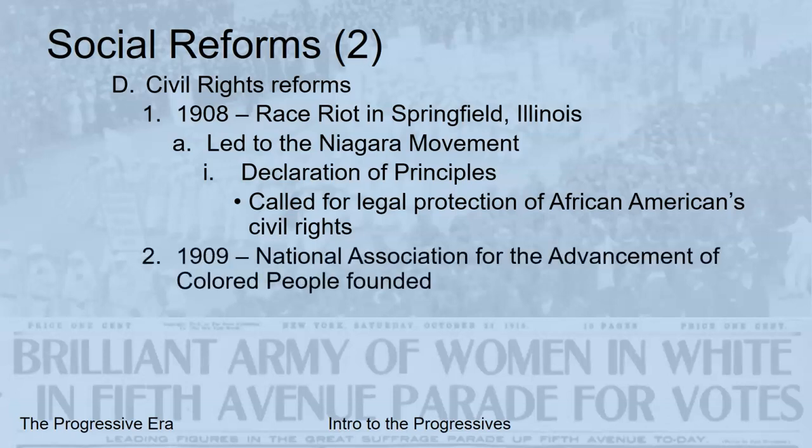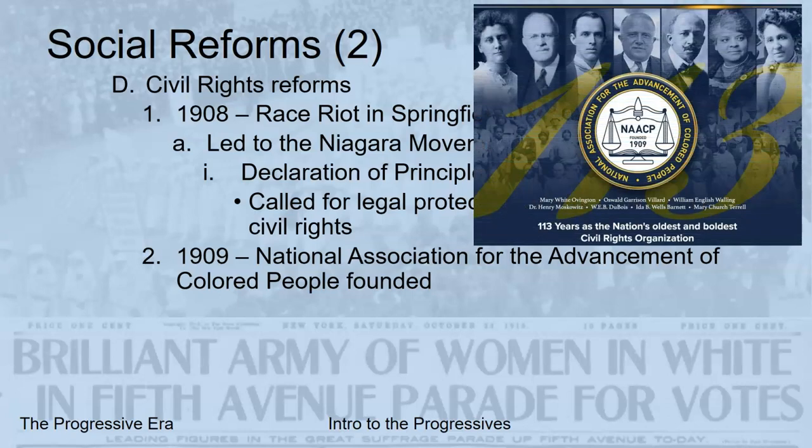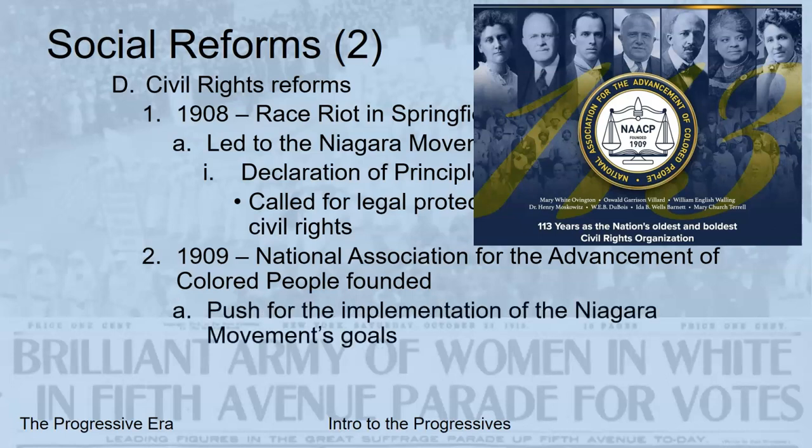So a lot of the people that were there at Niagara get together again in 1909, and they form something called the National Association for the Advancement of Colored People, which you probably know as the NAACP. They were founded in order to push the goals of the Niagara movement, the goals that were laid out in the Declaration of Principles, and to make sure somebody was constantly fighting for those and pushing those things with the government.